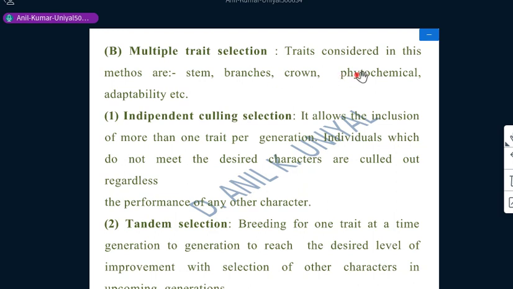Then in F2 we will have both characters, and in F3 we will go for another character. F2 will be crossed with trees having wide angle branching, then crown, then adaptability. These characters are added in the upcoming generations. This is tandem selection.